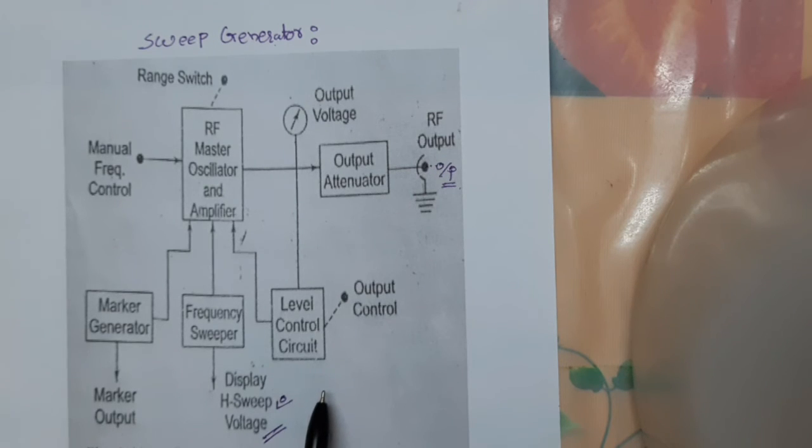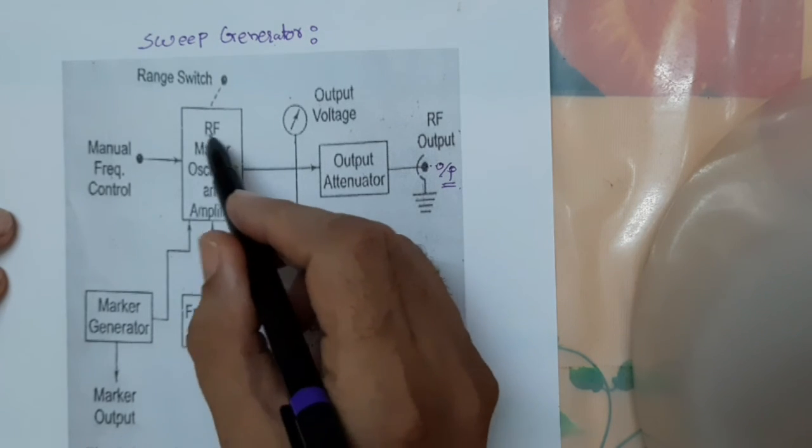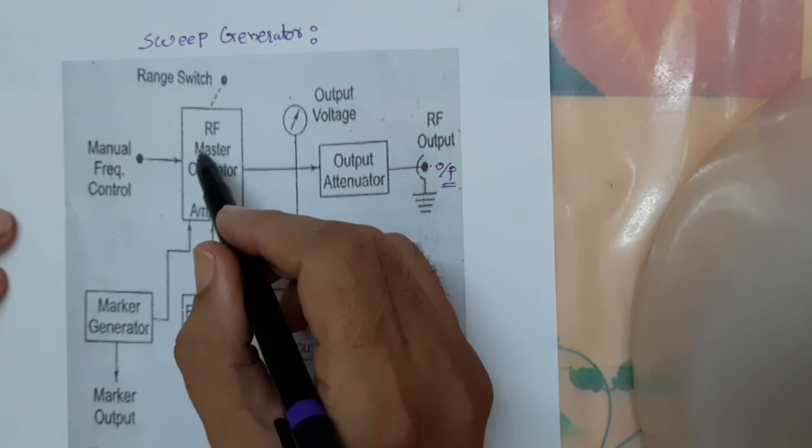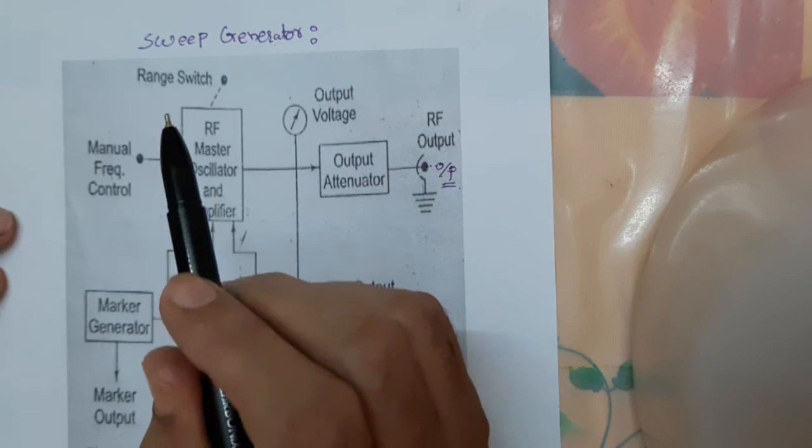The frequency sweeper provides a variable modulating voltage which causes the capacitance of the master oscillator to vary. That means the frequency is changed.